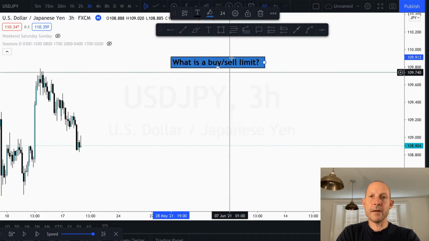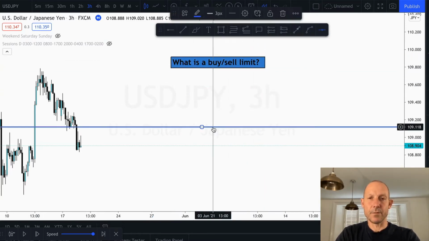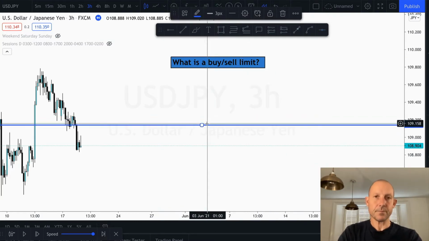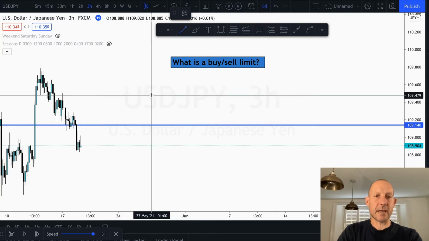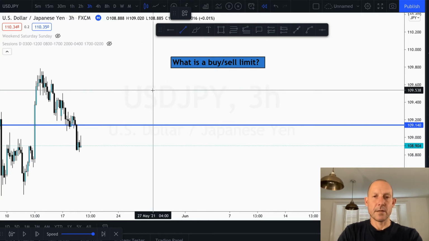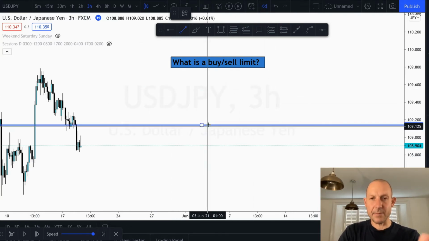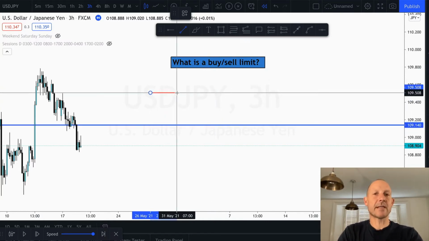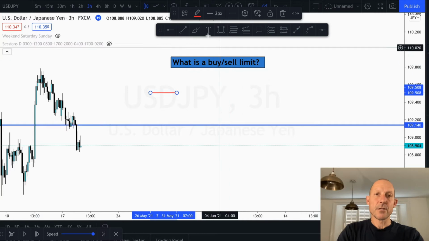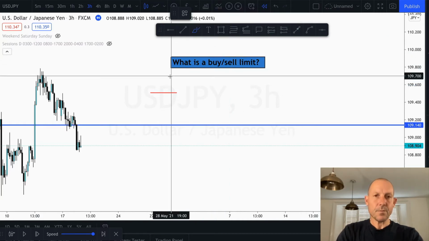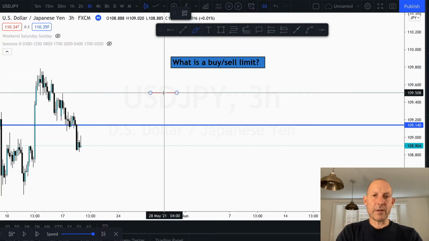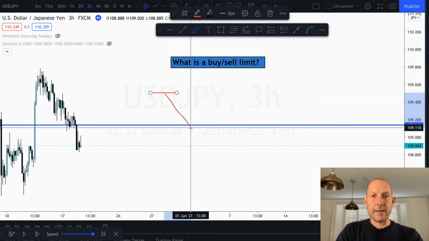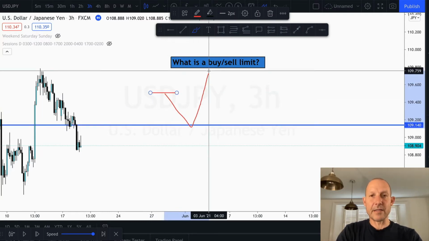Now, in a nutshell, let's just say this is price currently, and let's just say we want to enter the market when price gets to this point here. Price at the moment is up here. What we're looking for price to do is to come down, hit this point here, and then take off into a bullish direction.